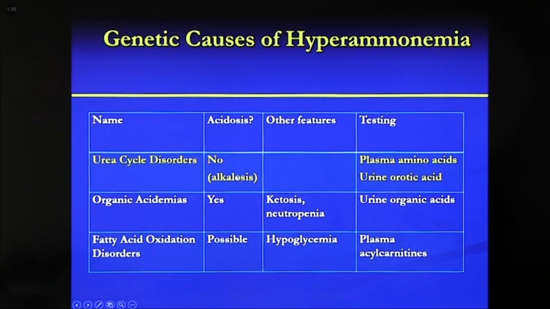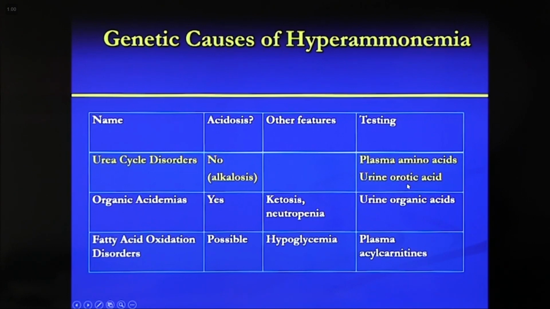In fact, you have metabolic alkalosis, and organic acidemias, you have acidosis. Now, why do you have alkalosis with urea cycle disorders? The reason is that if you have increased ammonia, it stimulates your medulla oblongata to breathe faster for no reason. And so you overbreathe, therefore you get respiratory alkalosis.